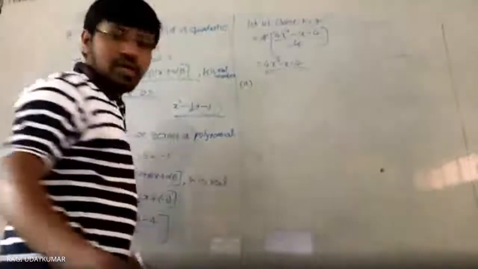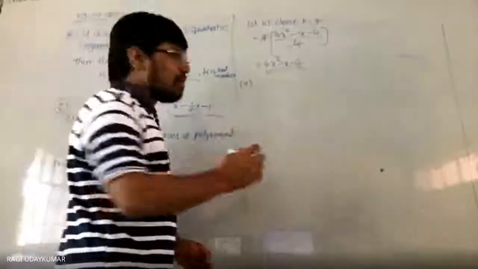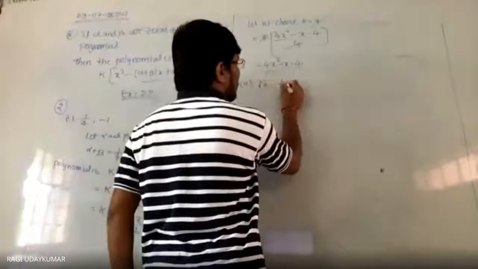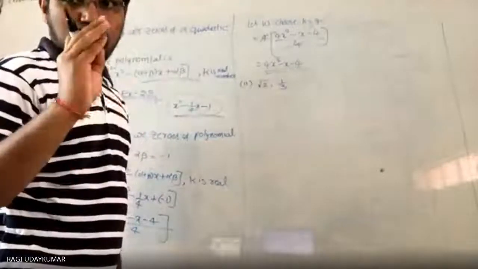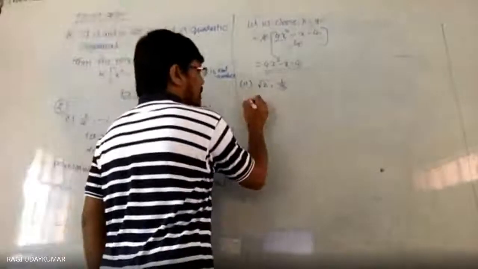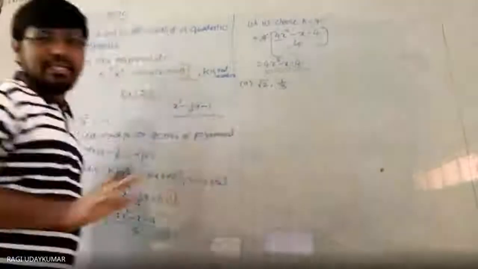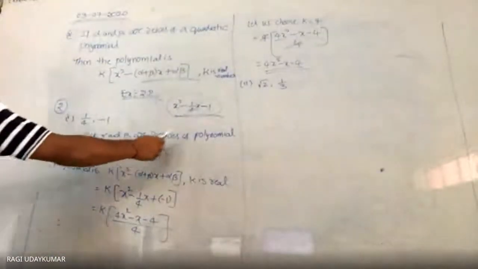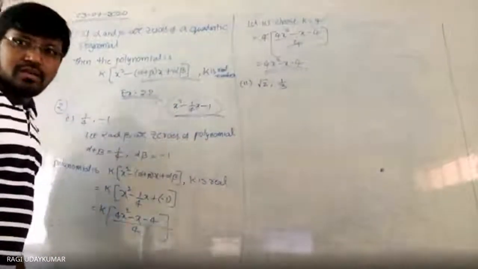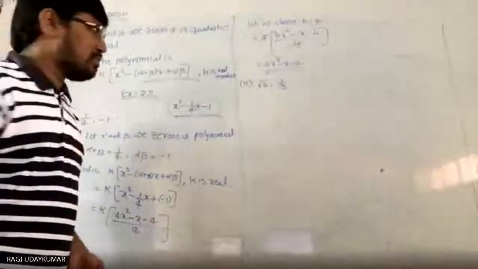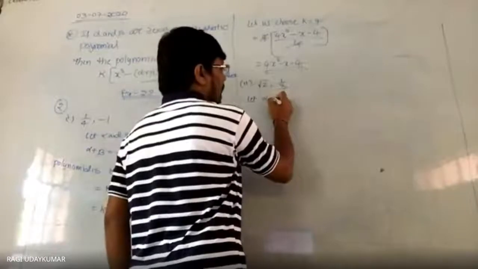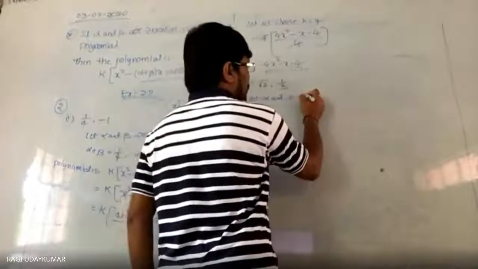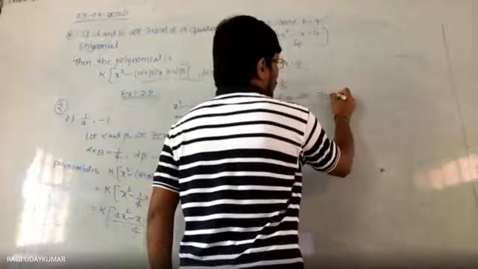Now the second problem given to you is √2 and 1 by 3. Sum of the zeros is √2 and the product of the zeros is 1 by 3. So alpha and beta, same steps, write like this: let alpha and beta be the zeros of the polynomial.